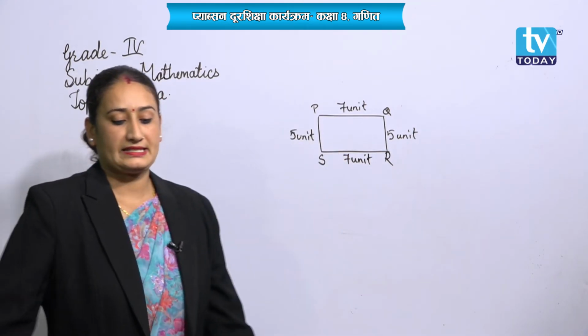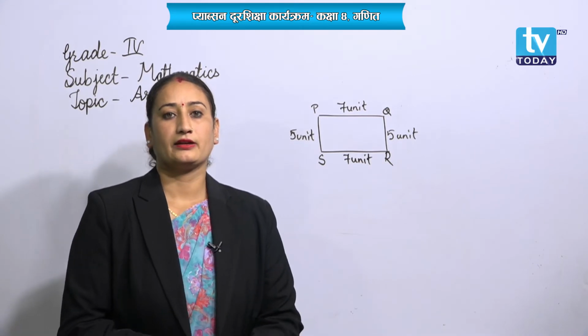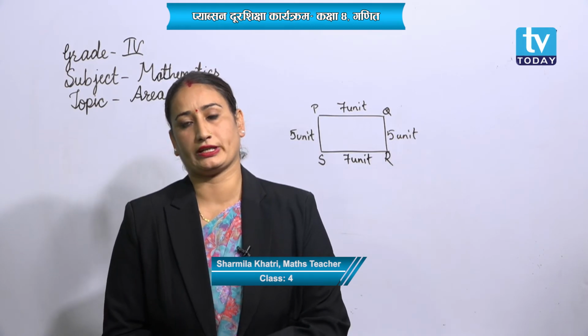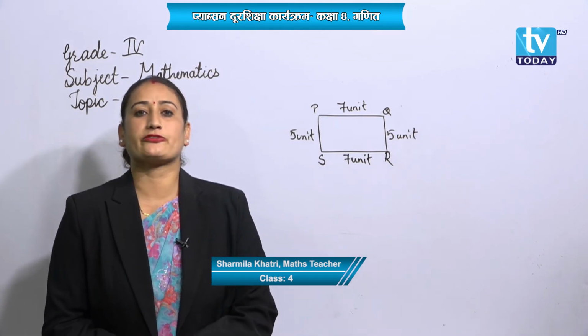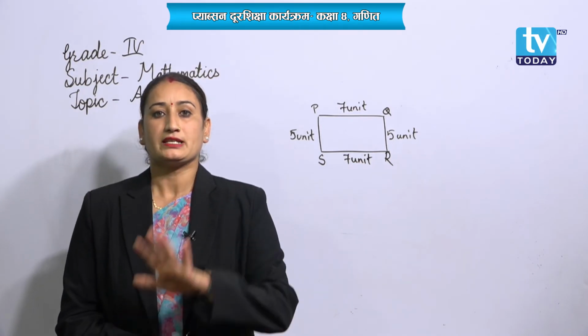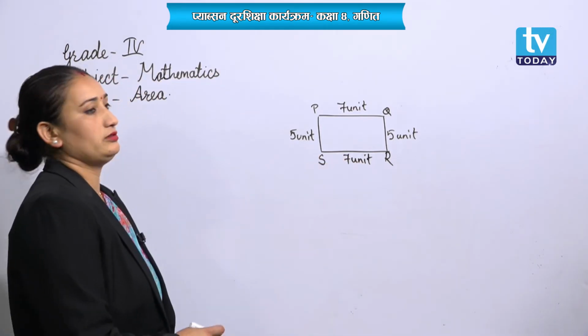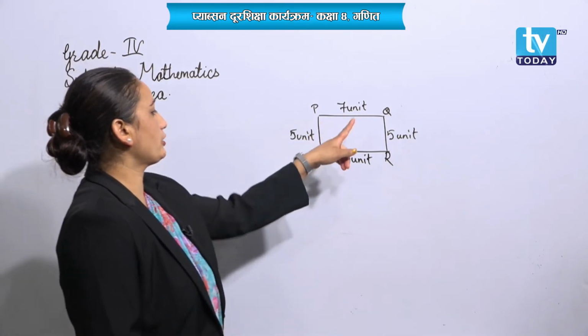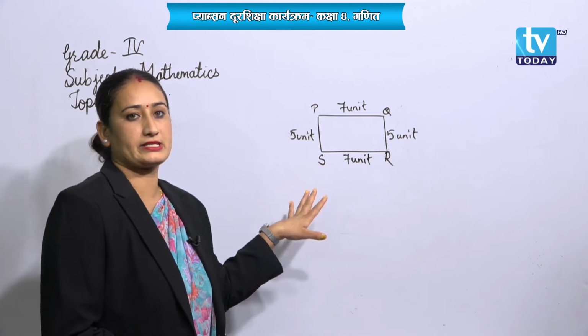Now, see the board, students. For this question you need to write a solution. So we are going to find the solution of this question. How to write the solution? See here, this is the question taken from your slide. PQRS is given in a rectangle form, right?